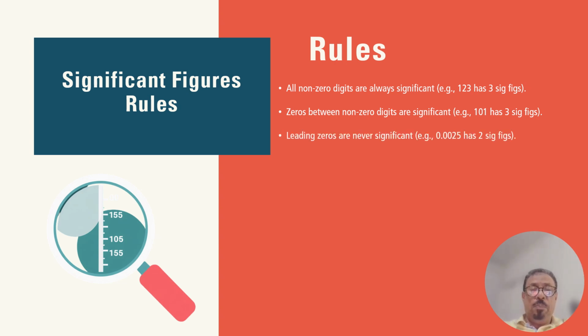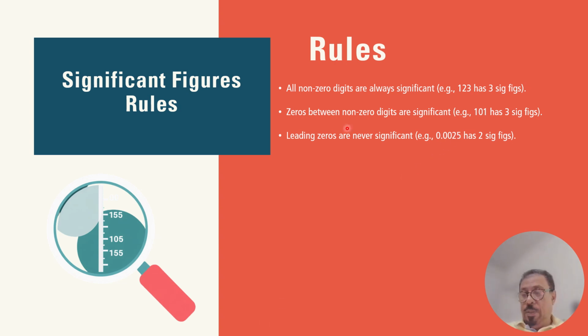The third rule: leading zeros are never significant. So 0.0025 has 2 sig figs because the leading zeros are not significant. By the way, we can write this in scientific notation.